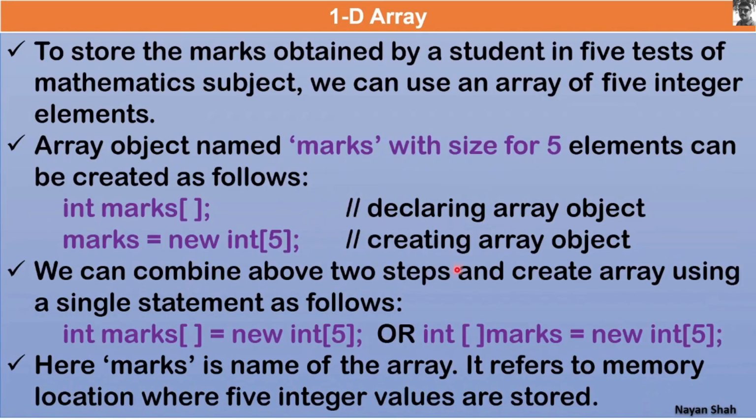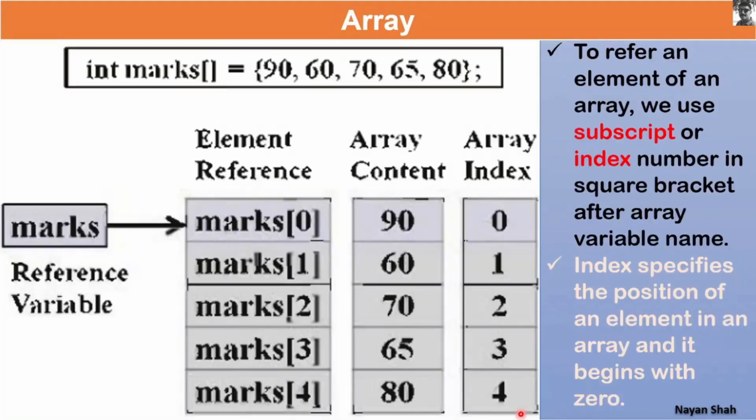We can combine the above 2 steps and create an array using a single statement, as we have seen, like int marks[] = new int[5], or we write int[] marks = new int[5]. Here marks is the name of the array. It refers to the memory location where 5 integer values are stored. Again you can see this pictorially.